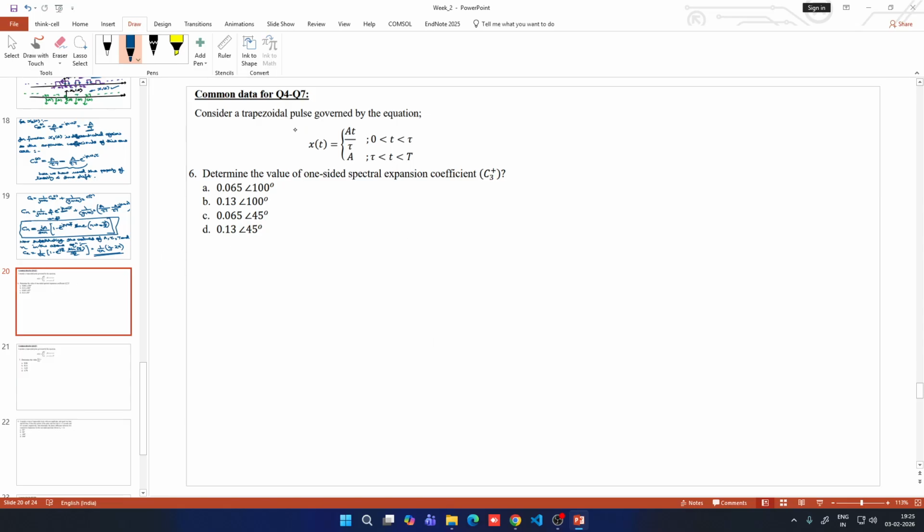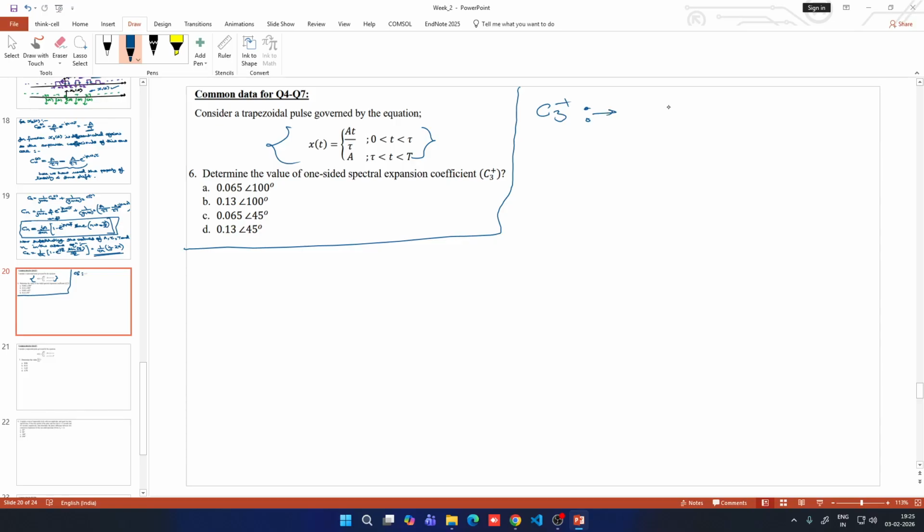In question 6 also the signal is the same, x of t, which has been used in questions number 4 and 5. The same periodic pulse is there, and we have to determine the value of the one-sided spectral coefficient C3 plus.